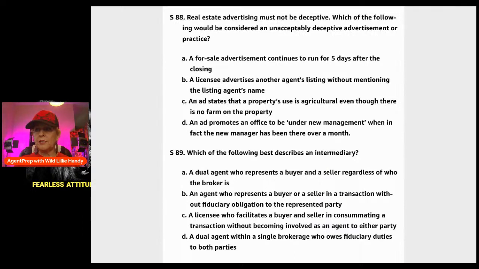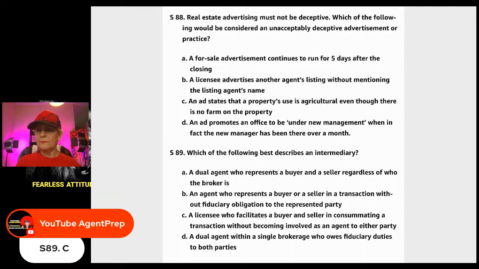Those other states are called dual agents, not intermediaries. They can represent both sides. So it's not that I said it's a Texas question. The key word is intermediary. That makes it a Texas question. So it is an agent who facilitates a buyer and seller in consummating a transaction without becoming involved as an agent to either party.